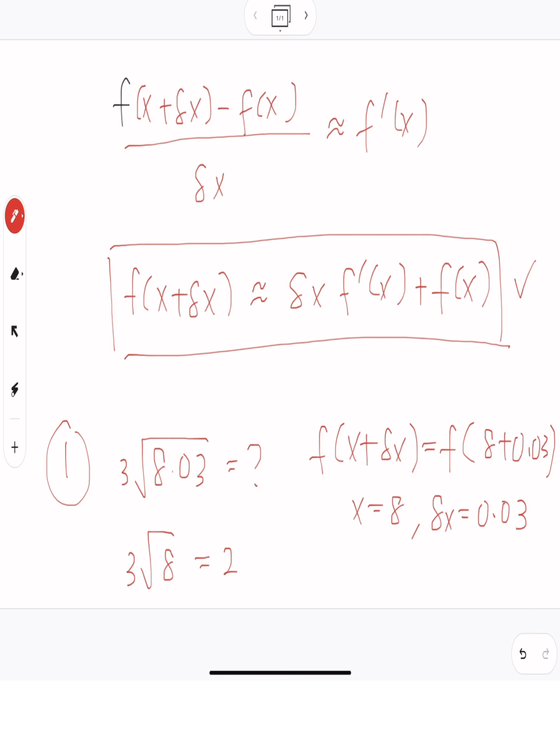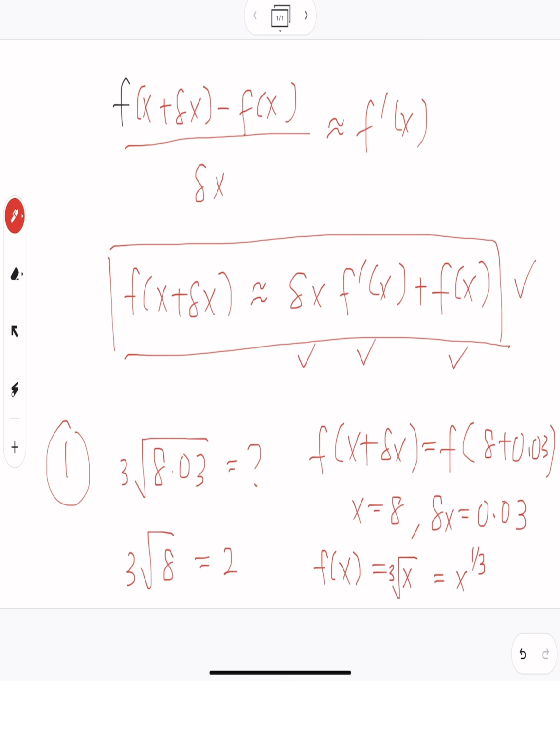So we already have the delta x, now we need the f prime x and also the f(x). So what is f(x)? If you look at the question here, in general it is cube root of x, so we have x power of 1 over 3.